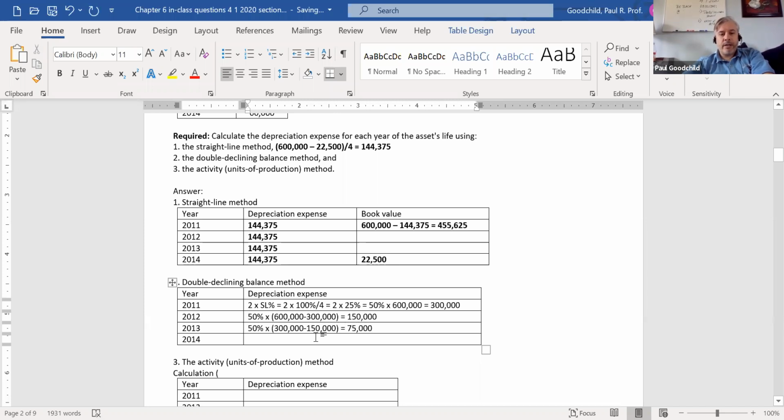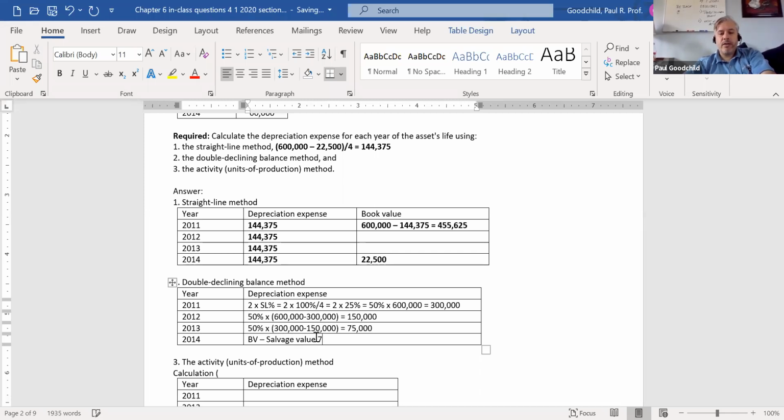Now the last year, we would normally take the 50% and multiply it through, but it's not going to give us the full number. So now we have to take our book value and subtract out our salvage value.